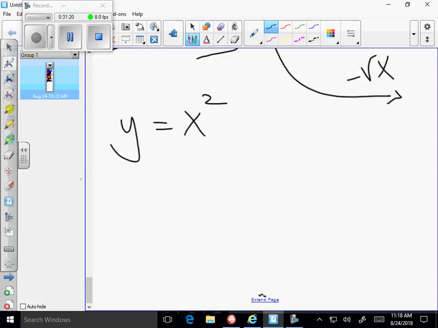There are other sad mathematicians too like you, and here's what they came up with. If I restrict the domain of this parabola, I could restrict the domain in such a way. Do I pass the horizontal line test?